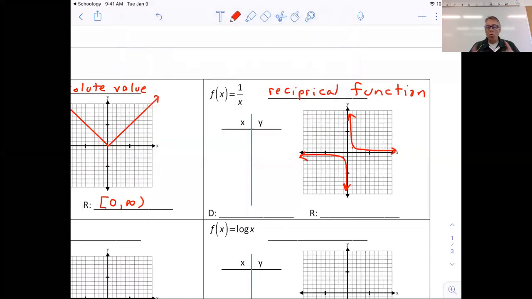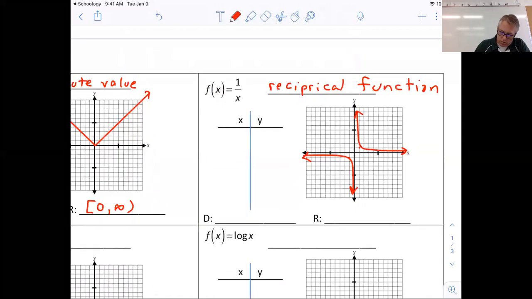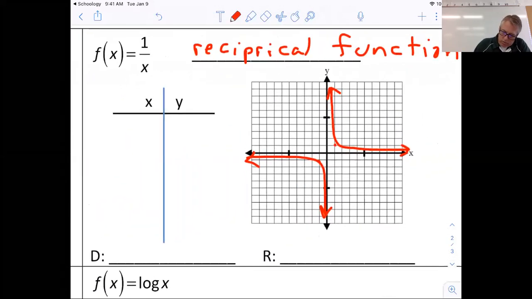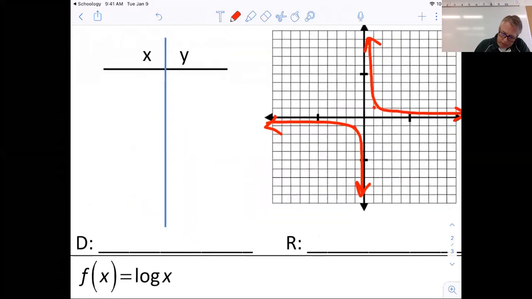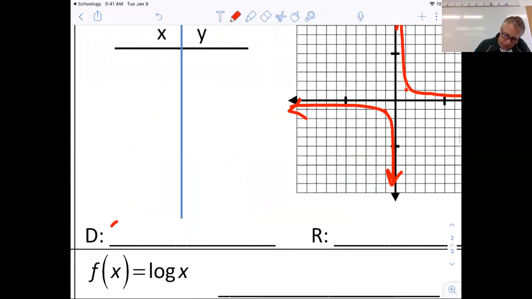So the domain is almost all real numbers, except 0. Remember, we can't plug into there. So the domain is going to be everything except for 0. So looking at this domain, if I want to write everything except for 0, we write that negative infinity to 0, exclusive, then union from 0 to infinity.